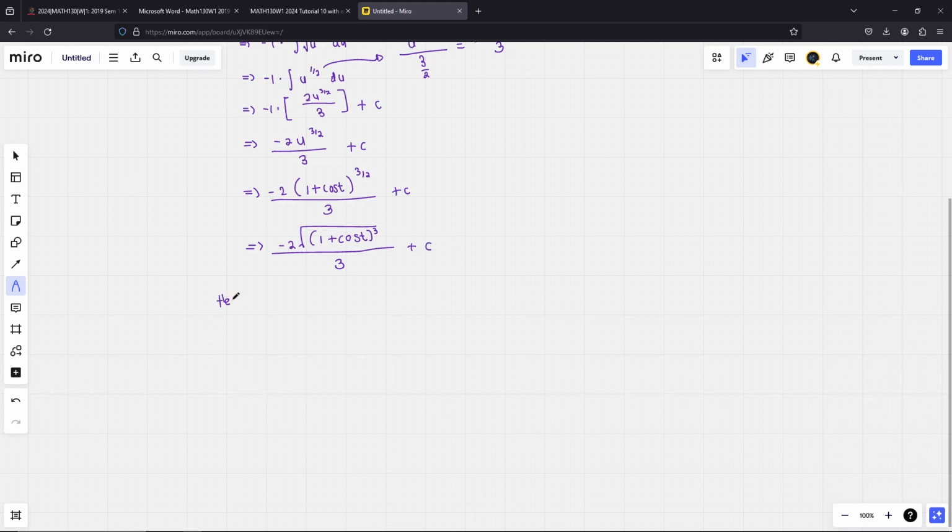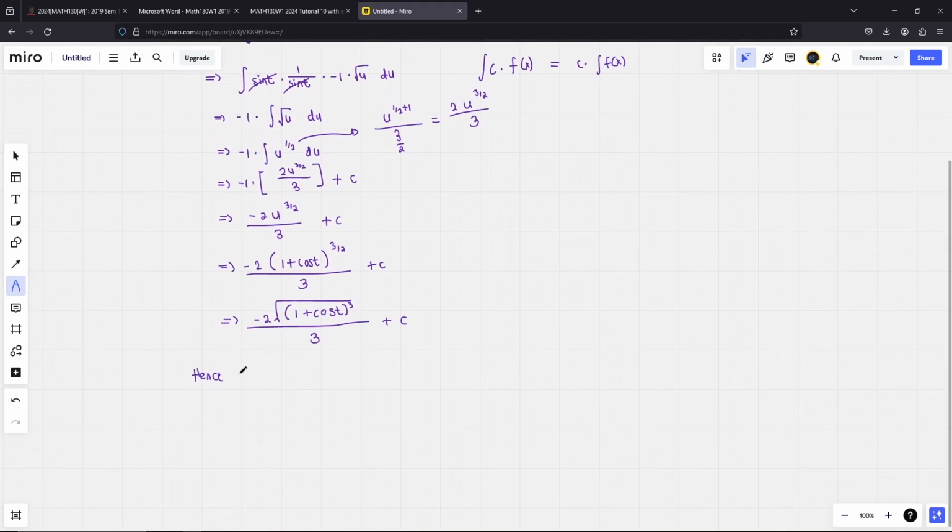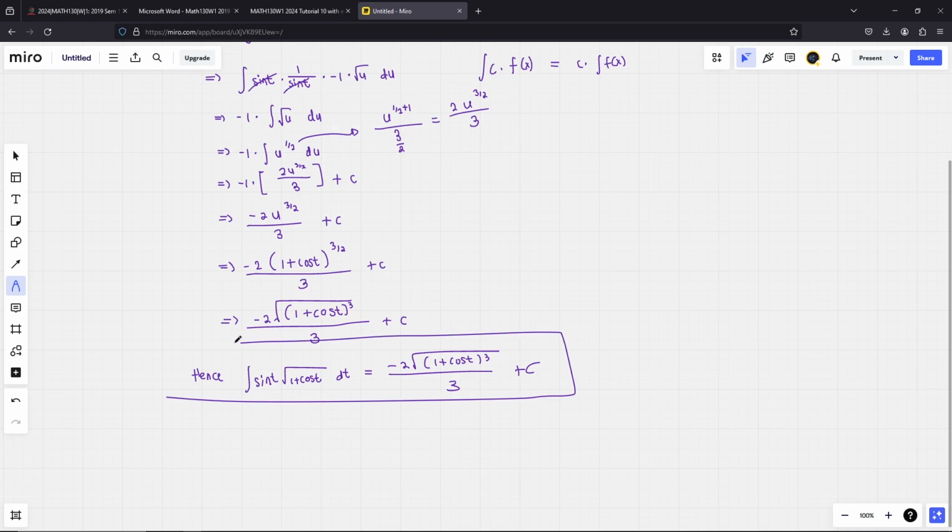And we can conclude now, this is the integral of sine t into the root of 1 plus cos t with respect to t, and that's going to be equal to minus 2 into the root of 1 plus cos t cubed all over 3 plus c, and this is the final answer.